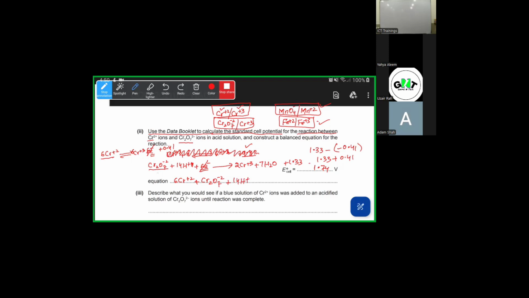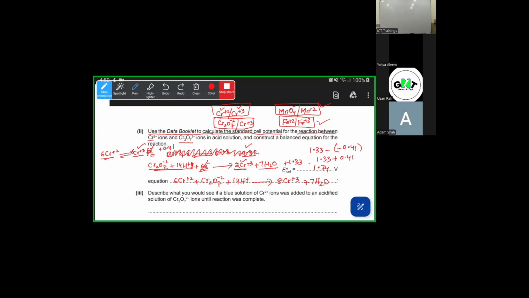So these are the reactants of both equations. Now the products of both equations, 6Cr+3 and here we got 2Cr+3. These are the same things, so we should write them as 8Cr+3 and then 7H2O. So this is, my dear students, your equation.